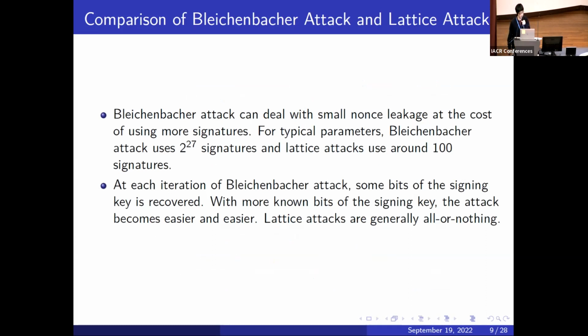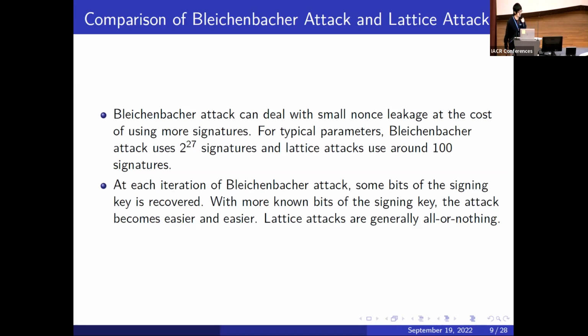Generally, Bleichenbacher attacks can deal with smaller leakage, but of course the cost is that they use more signatures as input. For typical parameters, the Bleichenbacher attack uses 2 to the 27 signatures, and the lattice attacks use around 100 signatures. Another difference is that at each iteration of the Bleichenbacher attack, some bits of the signing key are recovered.